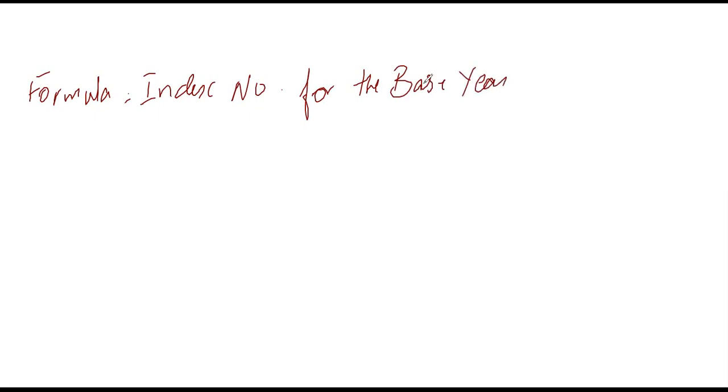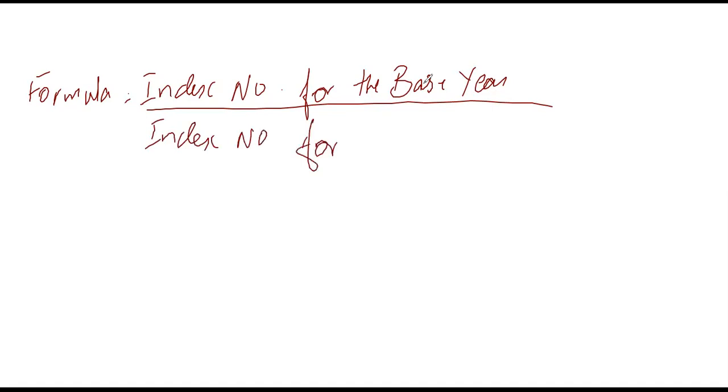So I'll be using the formula: index number for the base year divided by index number for the current year, and then multiplying it by the revenues.